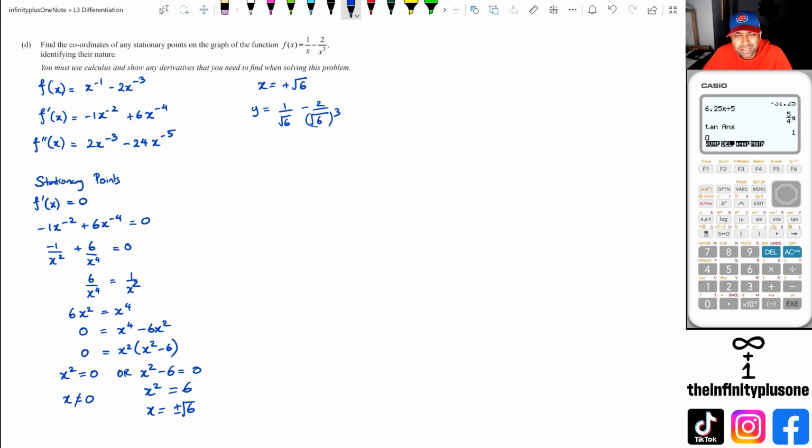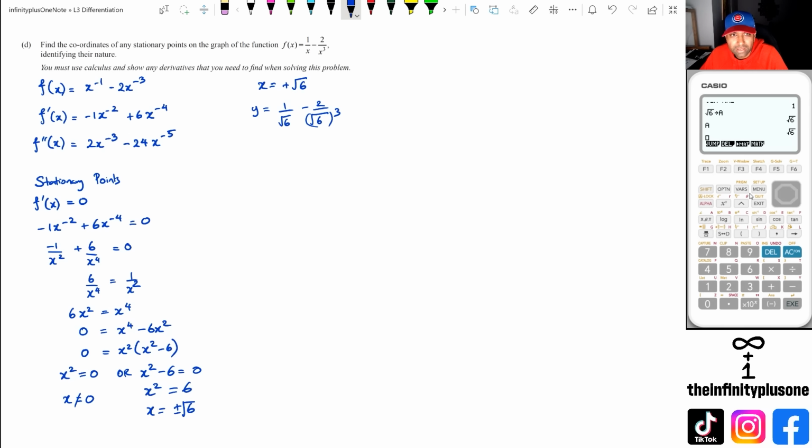Now, the thing is, how do I do this? Putting in square root of 6 and doing this is super painful. So I'm going to show you a little hack here. So we're going to do square root of 6, right? So I'm going to put in square root of 6 first, and I am going to call square root of 6 the letter alpha, A. So let me show you what we can do.